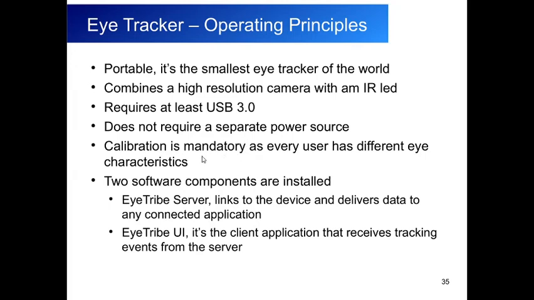But one drawback is that every new user has to undergo a calibration, because every person has a different position of the eyes, a different reaction to the movements, and so on.